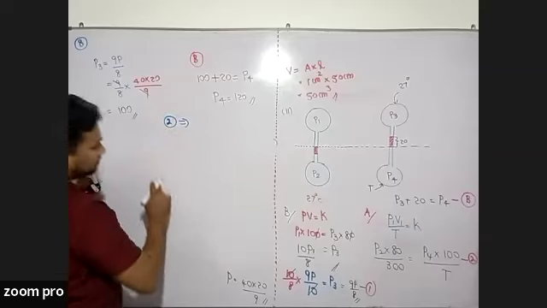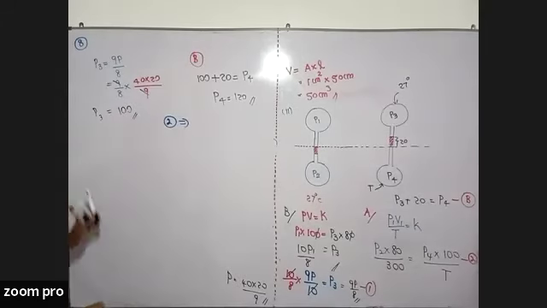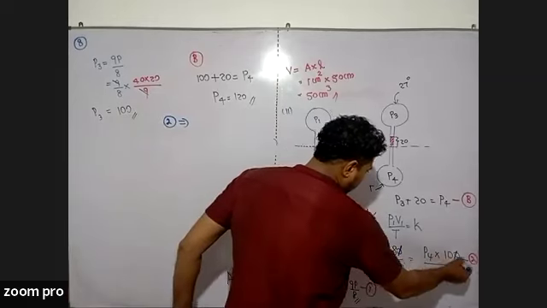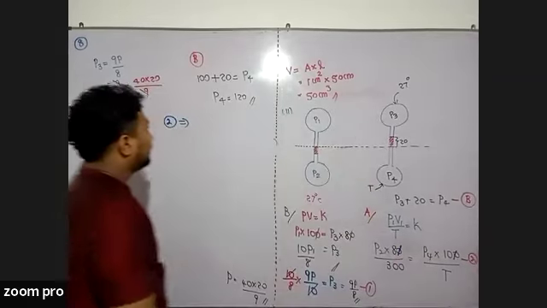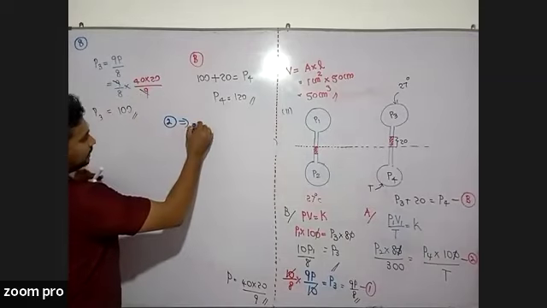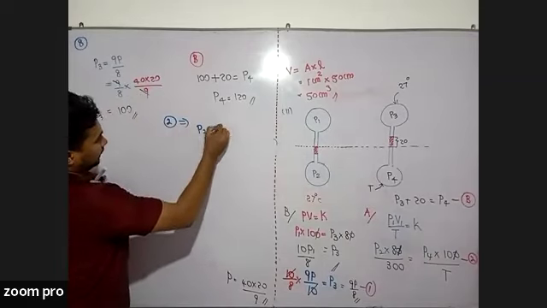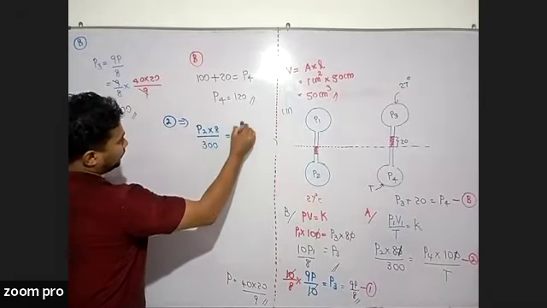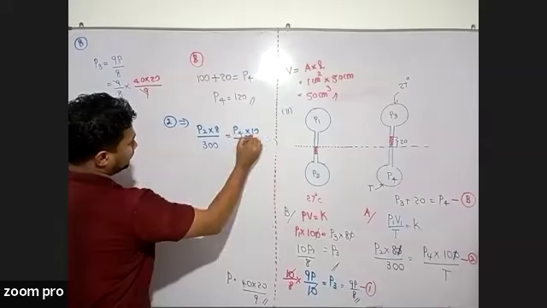So P2, guys, previously we have obtained P2 as these zeros can be cancelled on both sides. Then P2 into 8 over 300 equals P4 into 10 over T.